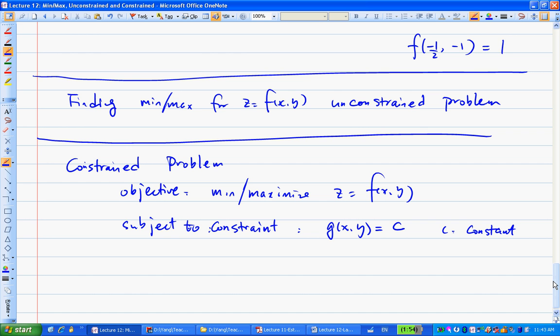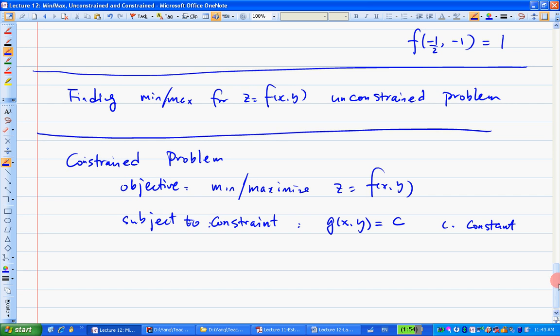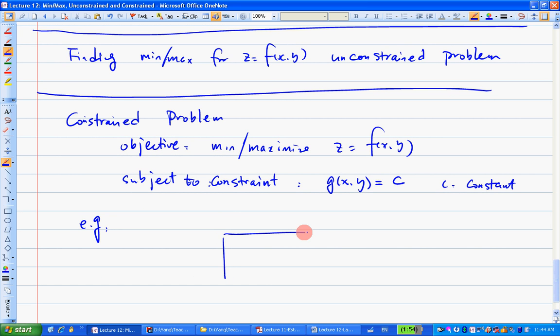So let me give an example here, before we move on to solve these kinds of problems. For example, building a wall here.